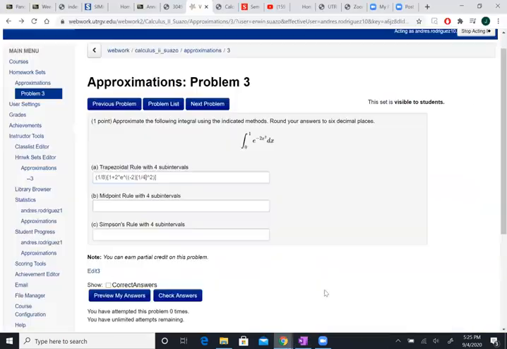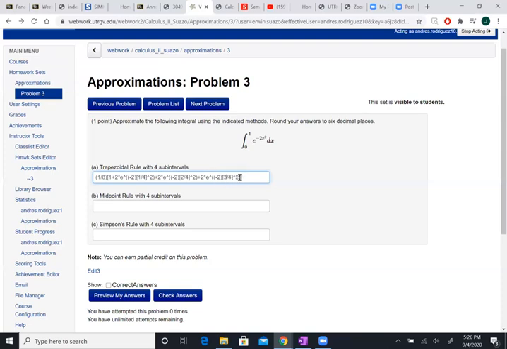So I'm gonna copy this. Plus 2 f of 2/4. Then I copy, and the next one is 2 f of 3/4.